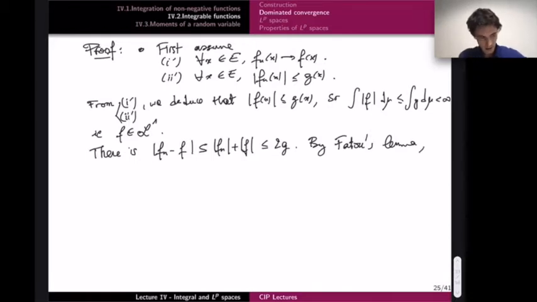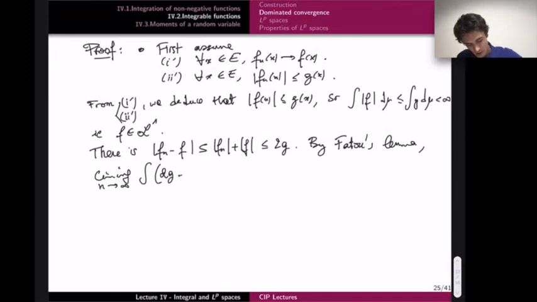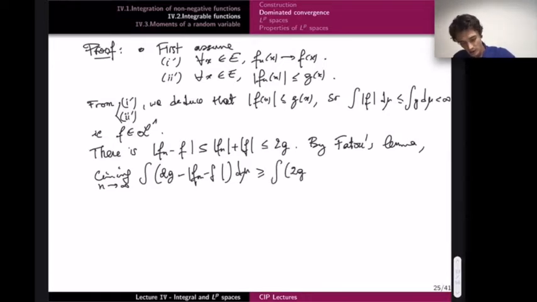Because now what I can do is say that the limit, as n goes to infinity, of the integral of this function, 2g minus the absolute value of fn minus f, against dμ, by Fatou's lemma, is bigger than the integral of 2g minus the limit of |fn - f|, which is 0 because I have pointwise convergence. So this is just bigger than the integral of 2g dμ.